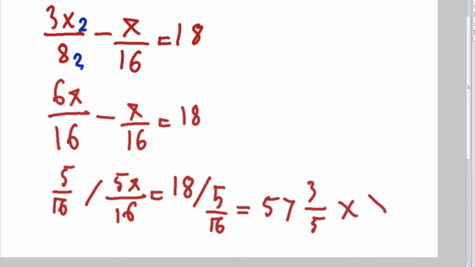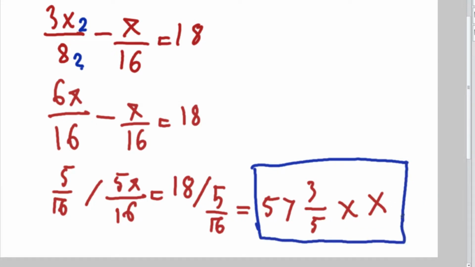So x equals, let me get that blue. I don't know why I drew two X's instead of an equal sign. Here we go. Which eventually says equals x. So that's two ways to do the same problem and get the same answer.